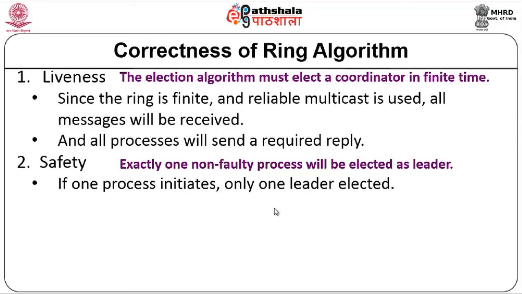Safety can also be looked at by using other criteria. Say we put some other criteria like the process having the maximum amount of memory, or the process having the maximum number of requirements, or maybe the process having the least amount of queue on its CPU. That is the least amount of load.